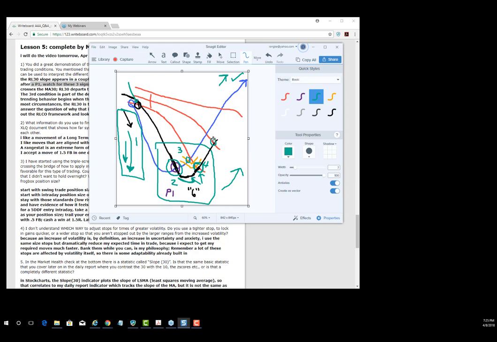I always look at that as a really favorable moment. In my view, that is the end of the downward trend, the end of the downward trend that featured this unambiguous move down. When the RL30 has come back and crossed over the MA30, I now officially think of that move as over and done. And now it's the long side. And off it's going to go.